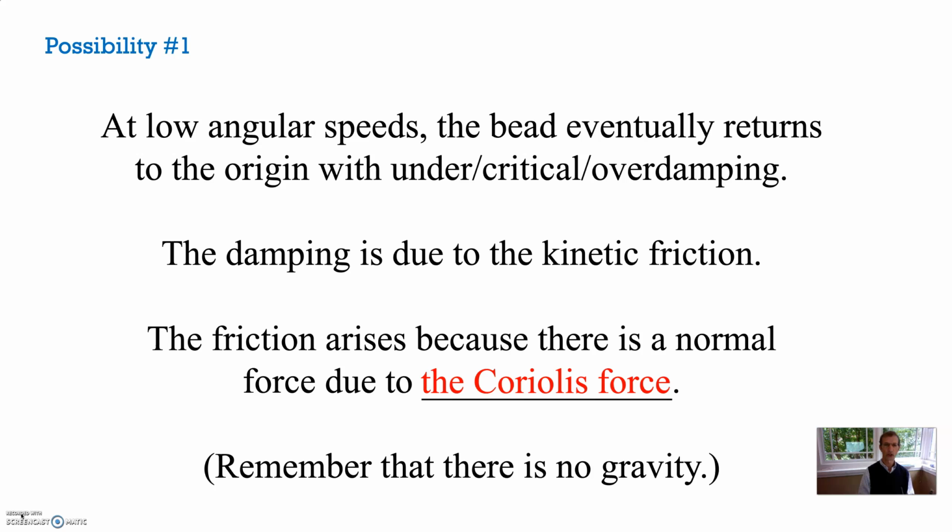Due to the Coriolis force, which is perpendicular to the axis of the rod. And so that is in the correct direction to exert a normal force. It's V cross omega, so that will be in the horizontal direction perpendicular to the axis of the rod.